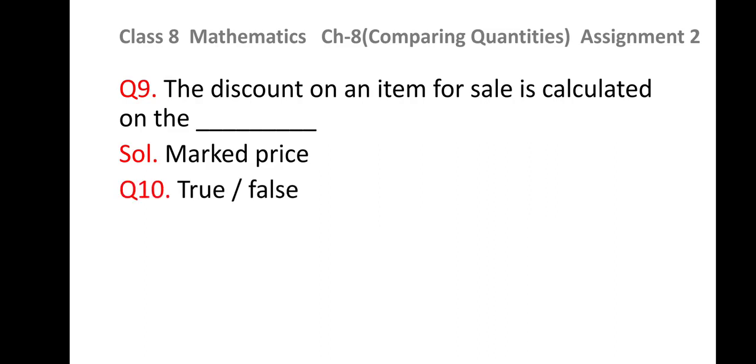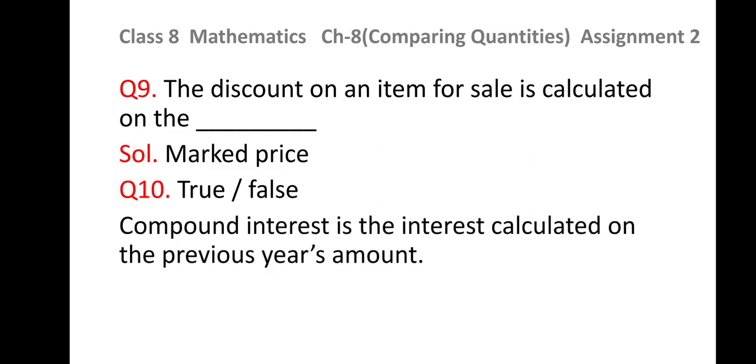Question number 10 is true or false. You are supposed to tell whether this statement is true or false: compound interest is the interest calculated on the previous year's amount. Children, many times in the summary lectures I told you that there is only one difference between SI and CI. In SI, the principal remains the same for all the years, whatever the time duration given.